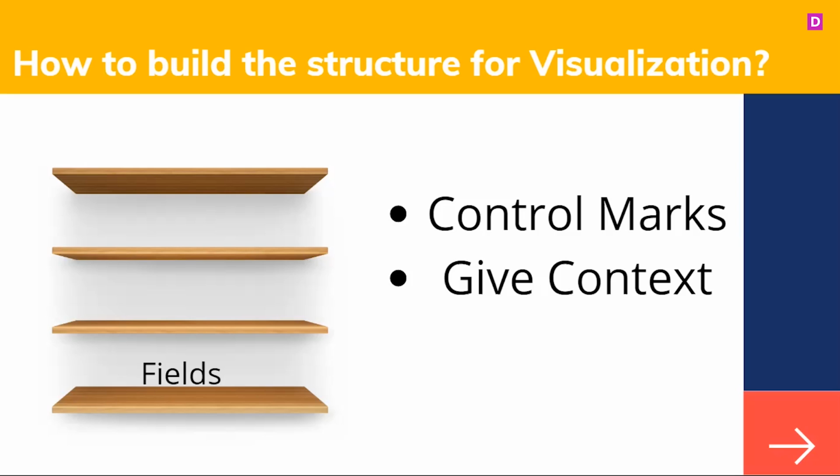How can I add more detail? You have something called cards, and in your cards there is the marks card. There you can add context to your visualization. How can I add context? Maybe I want to represent one field with a red color because that field shows a very negative impact.